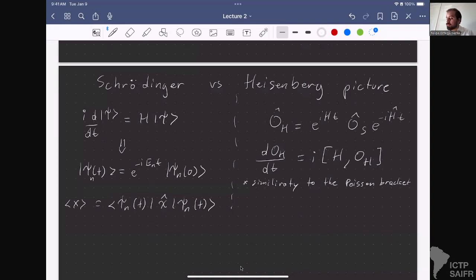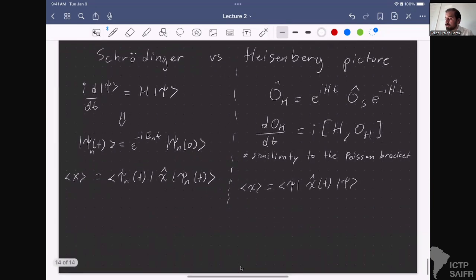Now, in this case, your states stay fixed. For example, the expectation value would be given by a state that's just fixed, an operator that evolves in time, and a state that stays fixed. But since this is the definition of the time evolution, you should be able to see that this gives you the same answer as the Schrödinger picture.